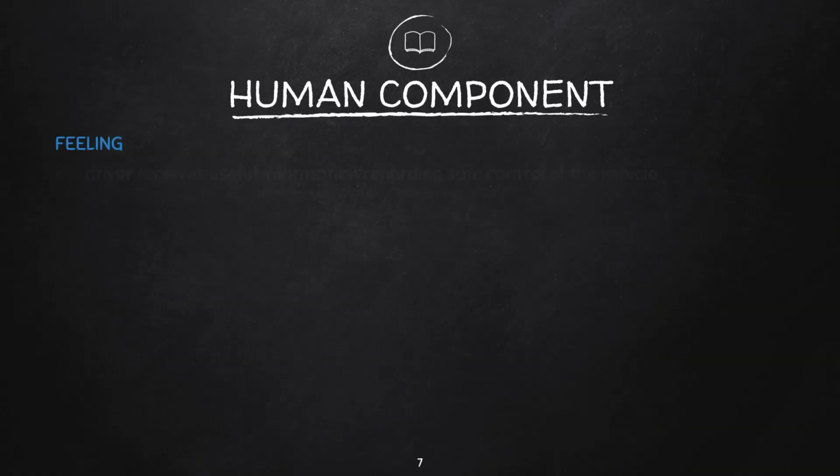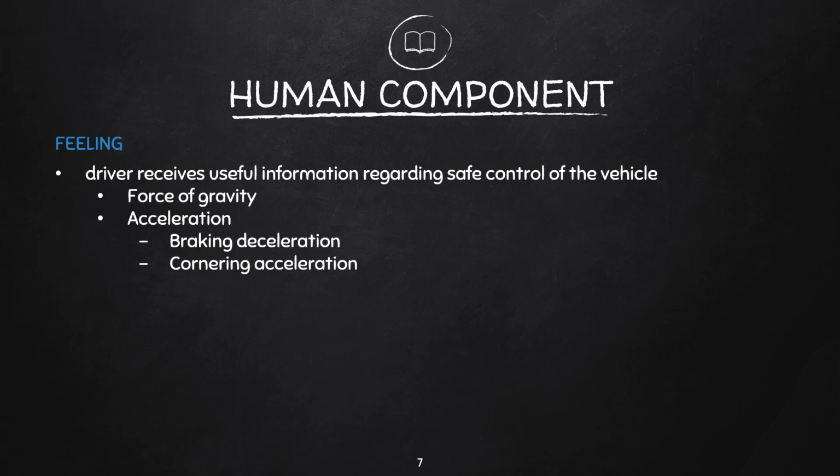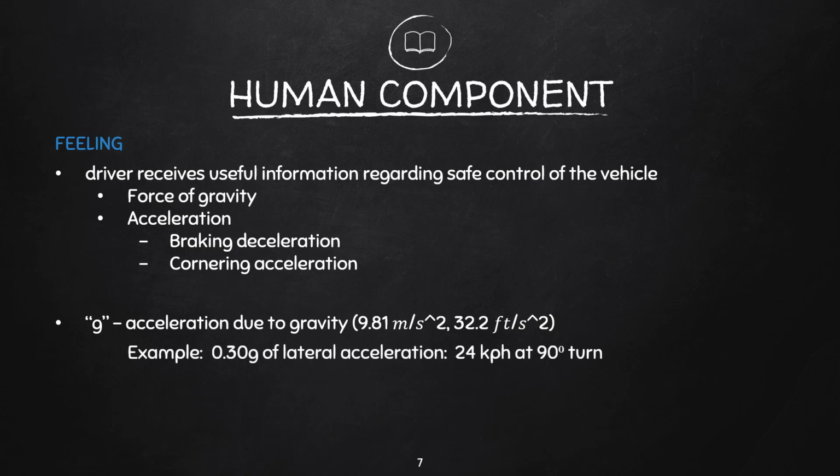Let's start with feeling. The driver receives useful information regarding safe control of the vehicle. This is affected by the force of gravity, by acceleration, braking, and acceleration is further divided into braking and deceleration, and cornering acceleration. Because we are talking about acceleration, we will be using G as the acceleration due to gravity to describe some other accelerations that are felt by the driver, such as the lateral acceleration.